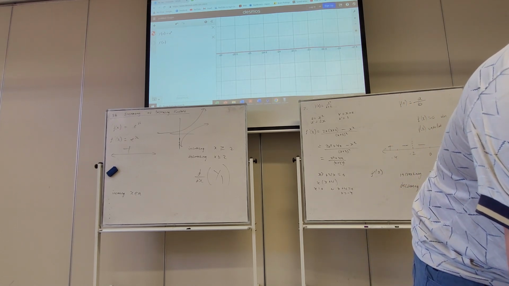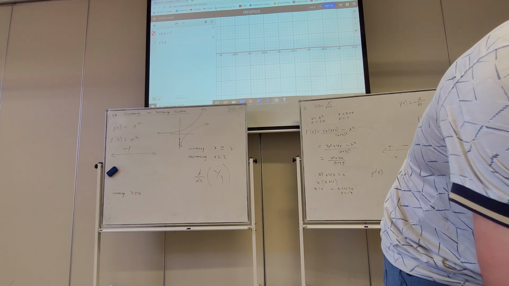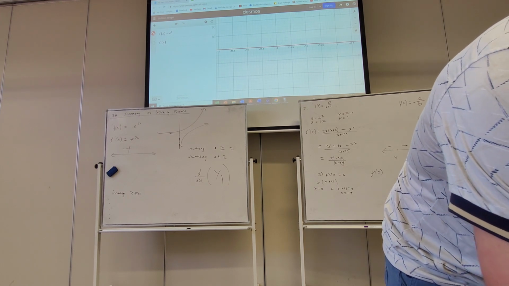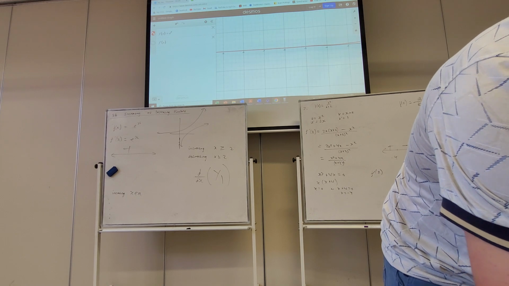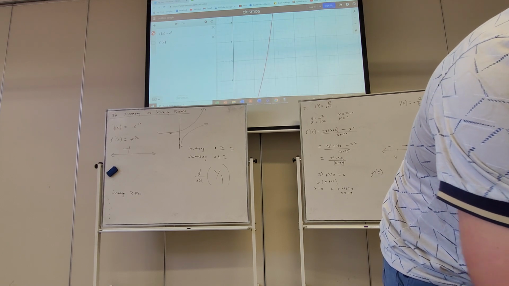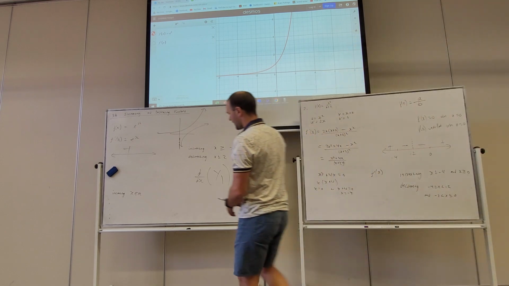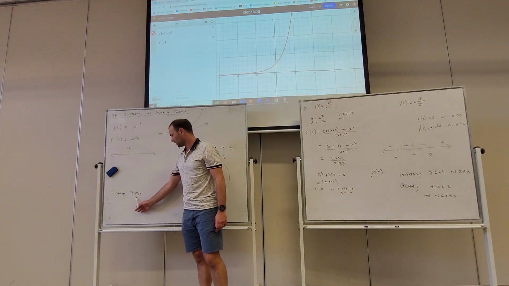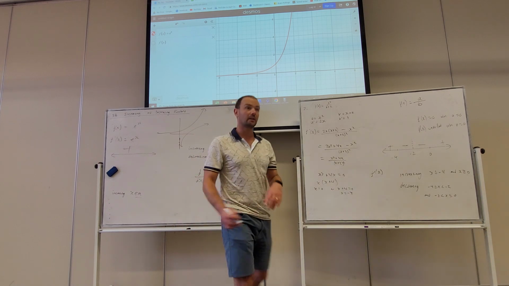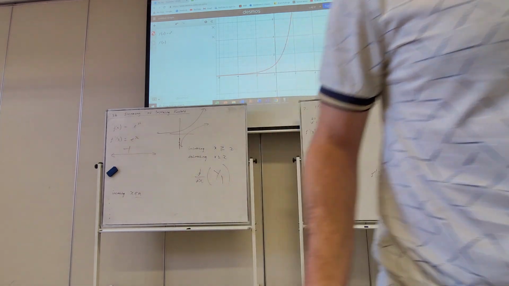Although it looks like it's flat here, there's very slight increases in it, okay? So keep going, and you can see always moving up, never decreasing, always increasing. X belongs to all real numbers. Very good. Okay, so let's work through exercise 3b.